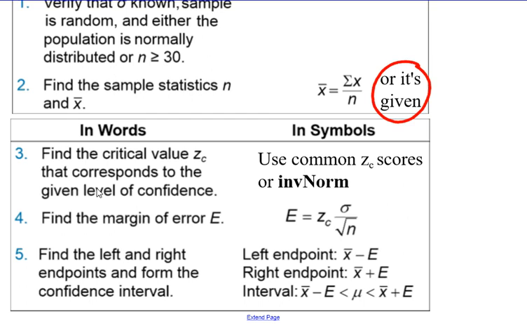We need to find the corresponding critical values. We can use the common z-scores, or you can always use the inverse norm. If they gave you something besides 90, 95, or 99, like an 80% confidence interval, you'd run inverse norm with 0.8. Then you need to find the margin of error, which we've done a few times now, and then you add and subtract that from the point estimate, and then you'll have your interval estimate.